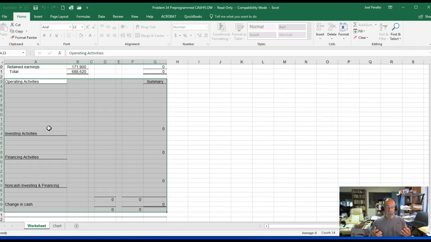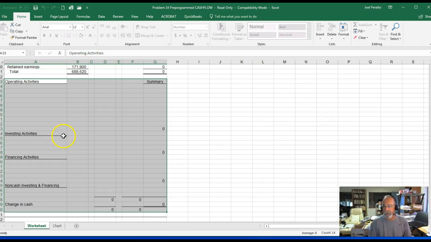So if we were to take our beginning cash at January 1 and add up all of our debits and subtract all of our credits, we would end up with our ending cash at 12/31. And that pretty much makes sense.